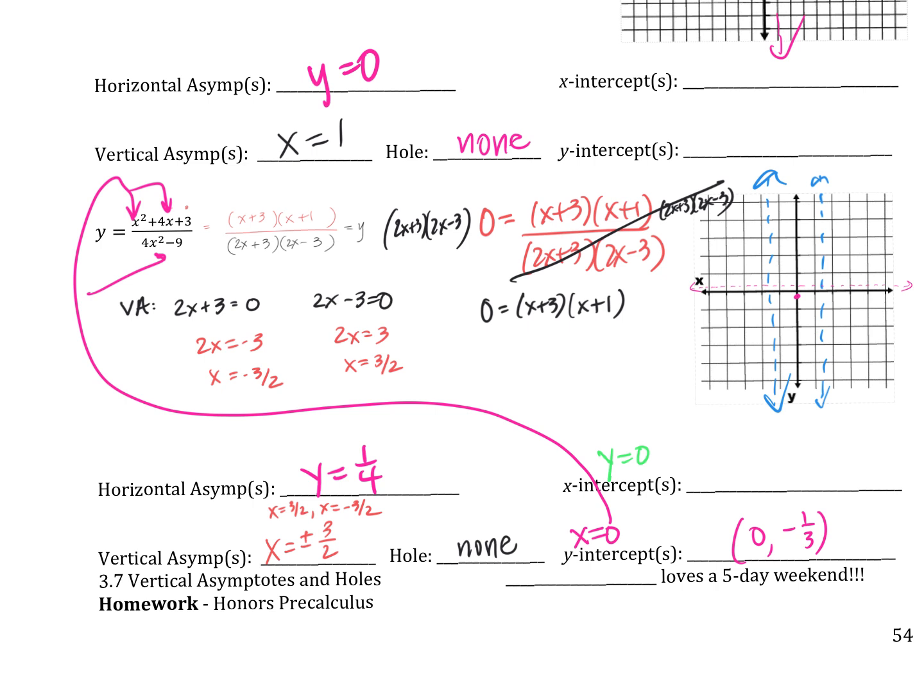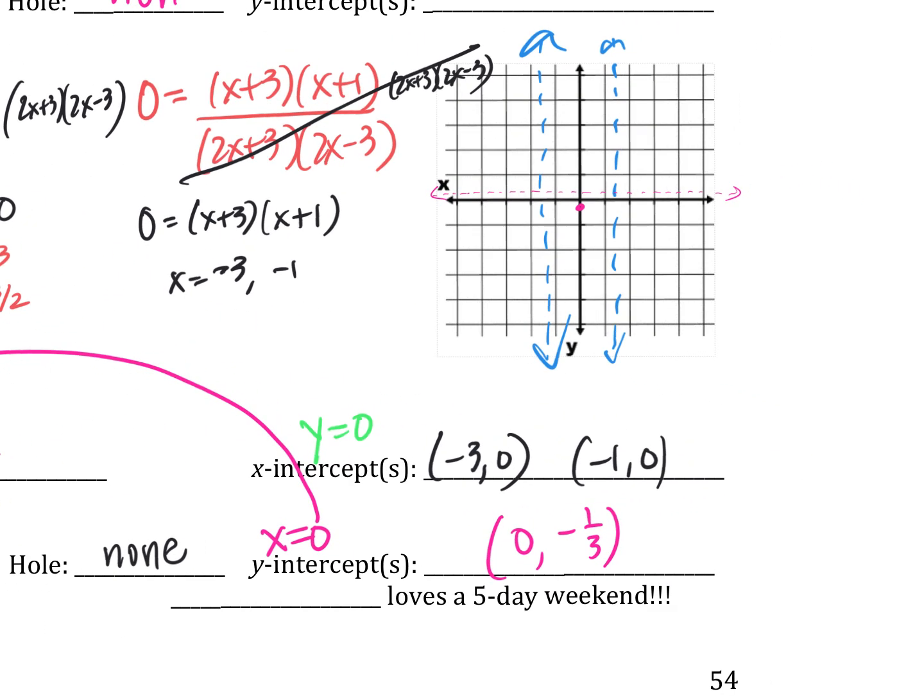When does x plus 3 equal 0? And when does x plus 1 equal 0? So we're going to have two x-intercepts, and here's how we're going to write them. -3, 0, and -1, 0, because they're points. My y's were 0. I'm going to go to my graph, and I'm going to plot -3, 0, and -1, 0.